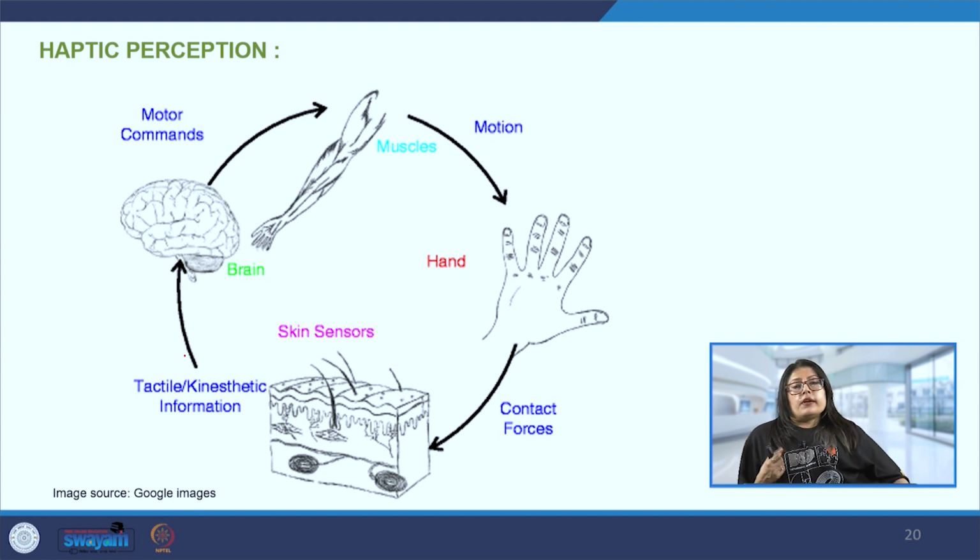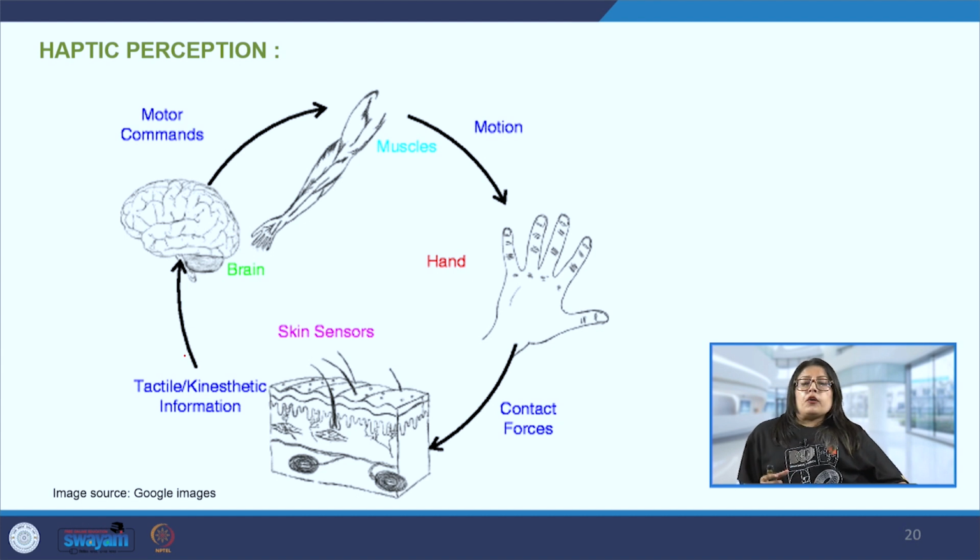When we are touching, for example, a glass to drink water, and when we are touching a petal of a flower, in both these conditions we are applying a different type of pressure. When we are holding the glass, depending on whether it is a glass made of crystal or made of stainless steel, the way we hold it will also differ.